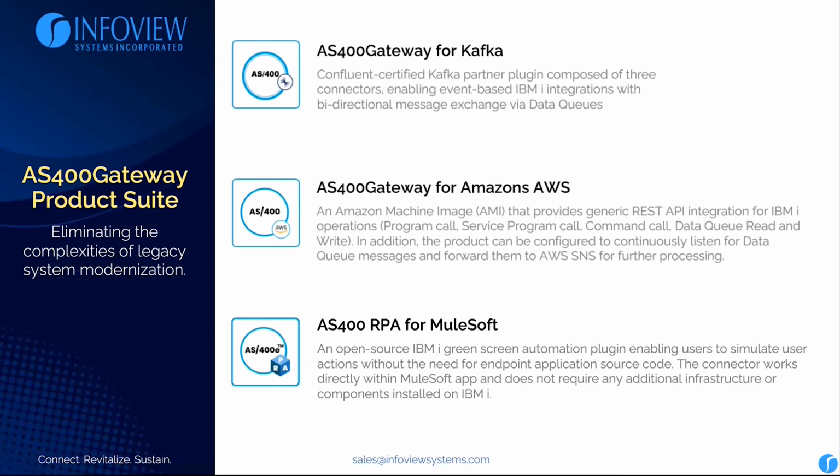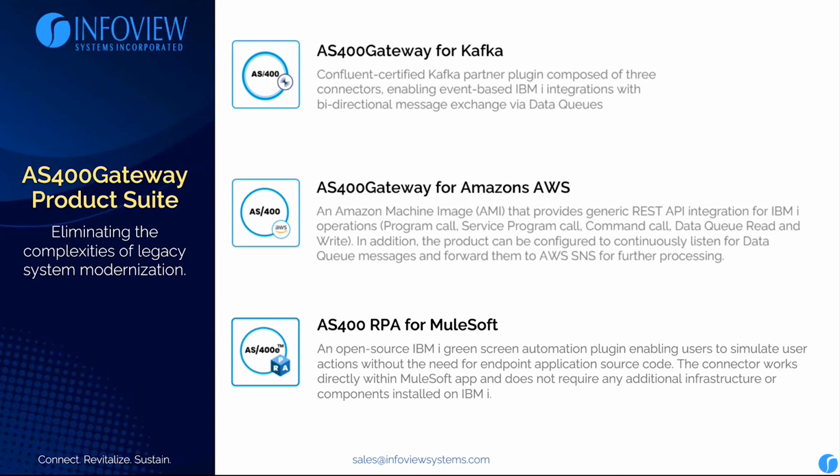In addition to InfoCDC and the AS400 gateway for MuleSoft, our team has developed additional products with the goal of covering the four primary use cases of integration, data streaming, robotic process automation, and change data capture. The AS400 Gateway for Kafka is a Confluent certified Kafka partner plugin composed of three connectors, enabling event-based IBMI integration with bidirectional message exchange via data queues.